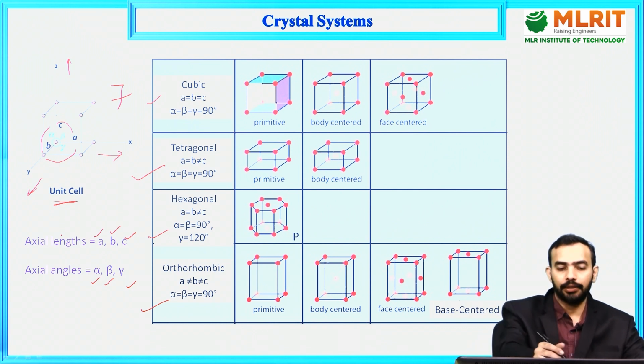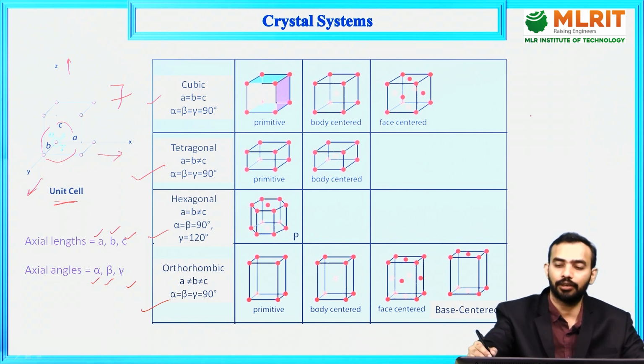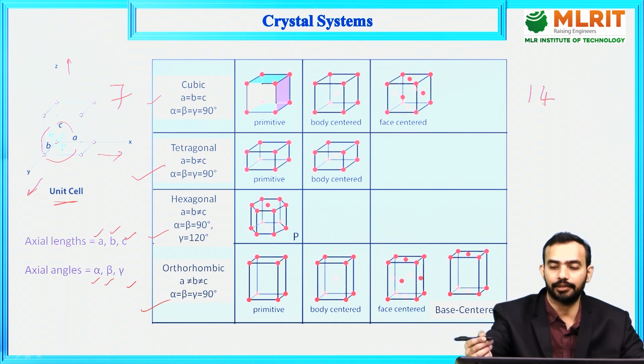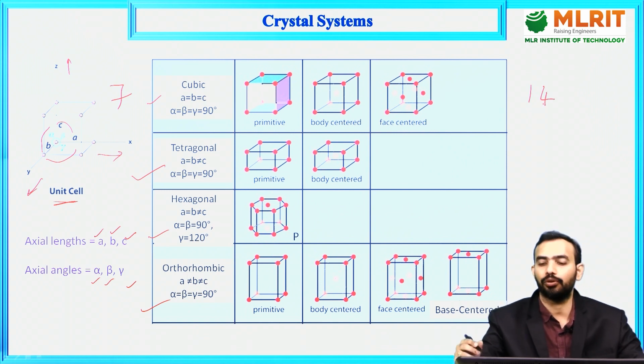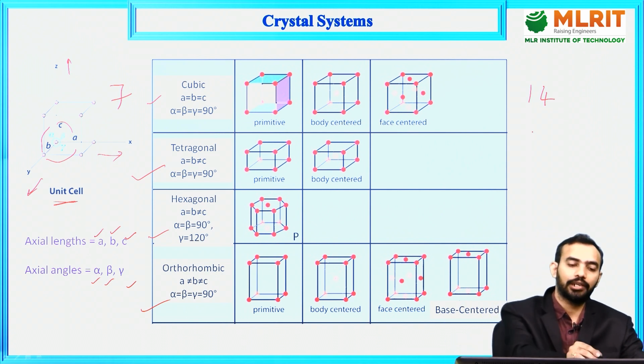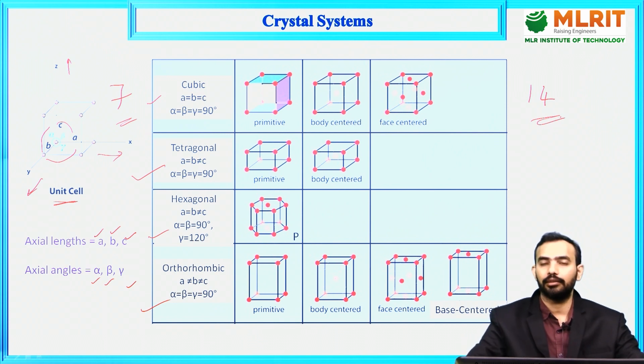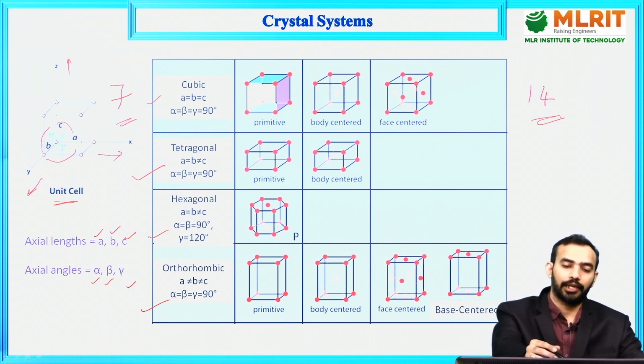Similarly, Auguste Bravais, a French scientist, proposed that based on the positions of the atoms within these crystal structures, 14 lattices are possible, and we call these Bravais lattices. So in total there are 7 crystal systems and 14 Bravais lattices. We have a primitive structure where atoms are placed at the corners of the unit cell.